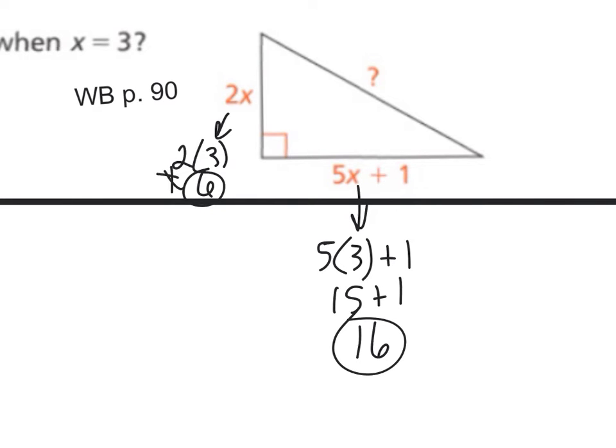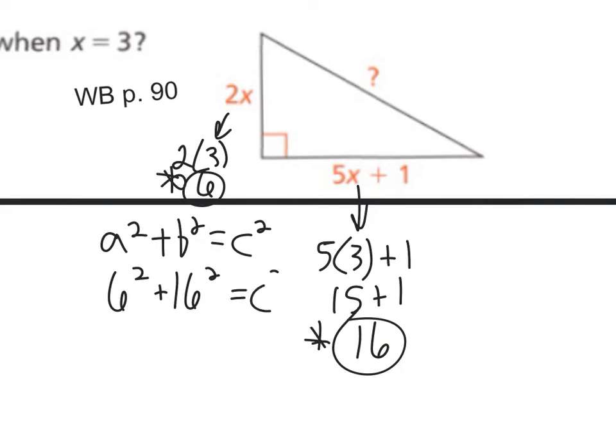So my two legs are 6 and 16, and I'm trying to find the hypotenuse. So even though this looks a little intimidating at first, after we do some substitution, it's really not any different at that point than what we've already done. So the 6 and the 16 are the legs.